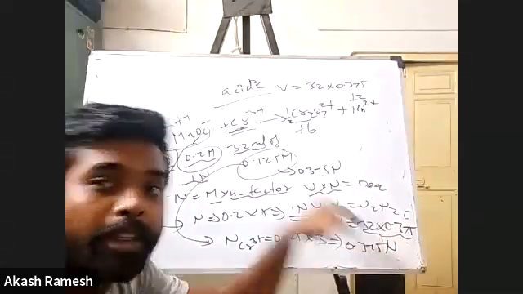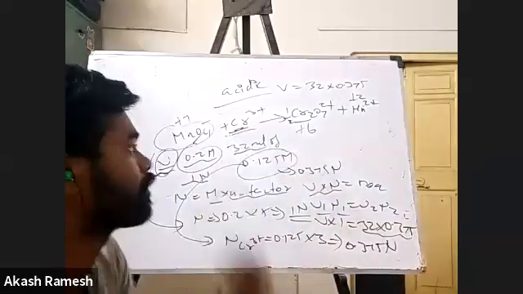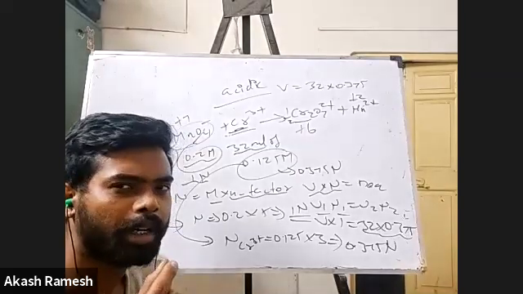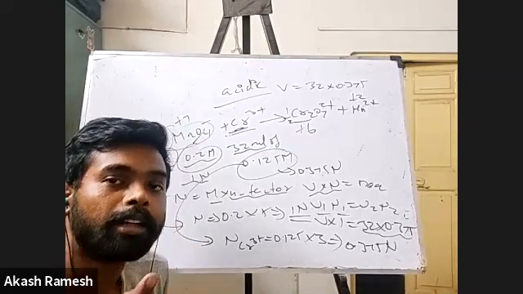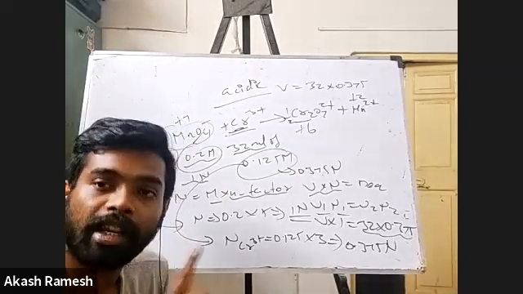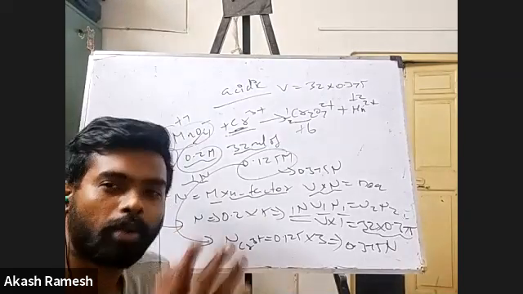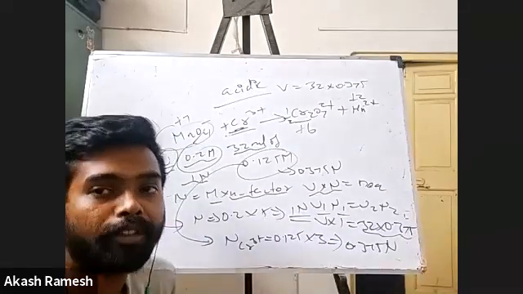V1N1 gives me the number of equivalents of MnO4 minus, and that should be the same as the number of equivalents of Cr3 plus. And one more small tweak we did here: generally, for Cr2O7 2 minus the n factor was 6, but for Cr3 plus the n factor is 3 only. That was the only difference we saw, and then I just did V1N1 equal to V2N2 to find the final answer.